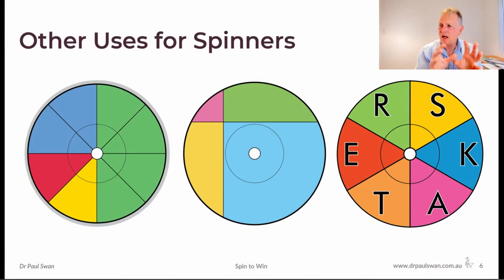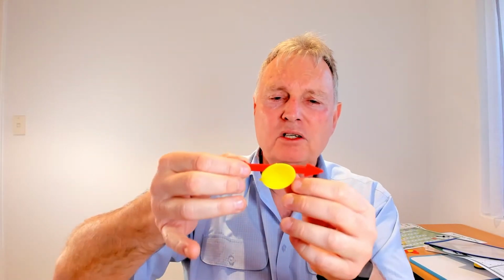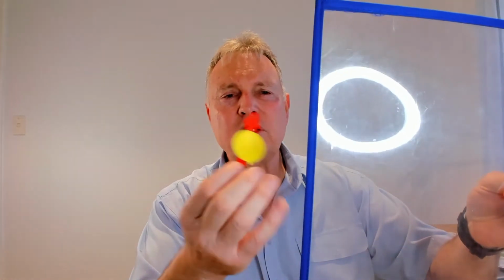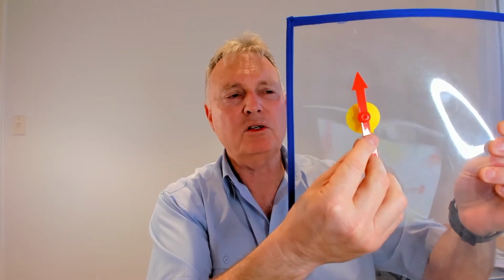Now you may notice one other thing here, that in this spinner there's an extra little circle around the middle, and that's designed so that when you've got, say, one of these suction spinners, it sits inside the sleeve. Remember we talked about how you might take that spinner on a bit of paper, put it into one of those write-and-wipe sleeves, and then you can put your spinner on it.